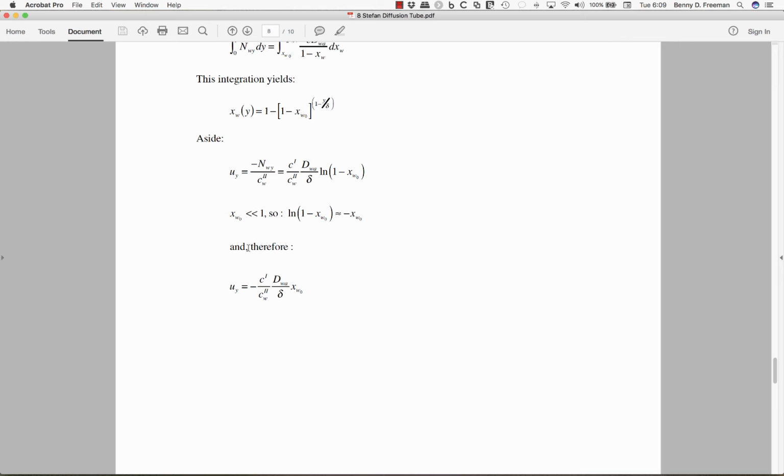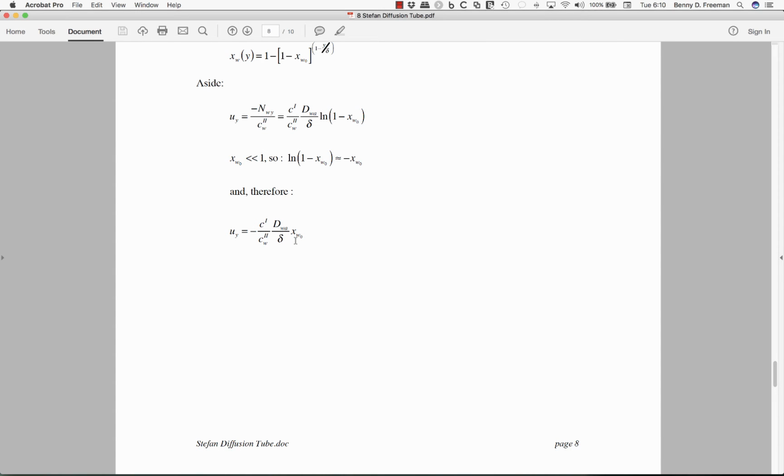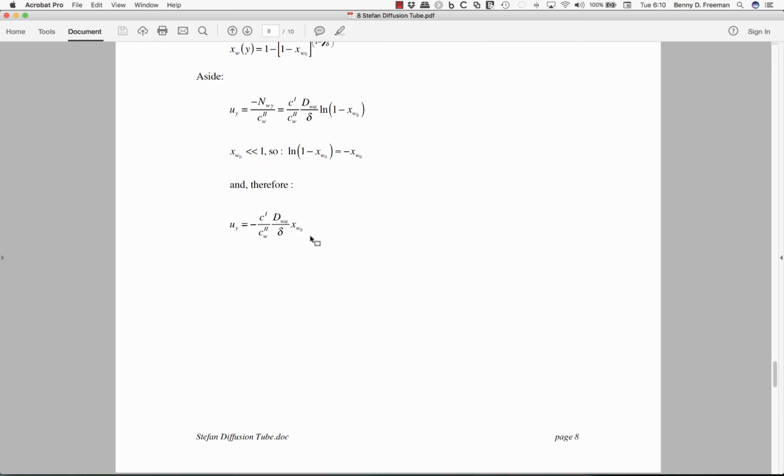And you can also calculate the interface velocity as shown here, and the final result of that is given at the bottom of this page. I'm not going to belabor further calculations of the interface velocity, but just simply show you how it's related to the diffusion coefficients and the concentrations and so forth.